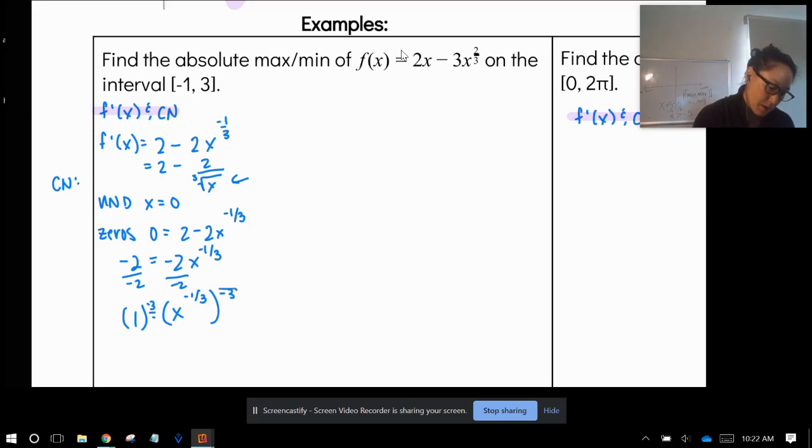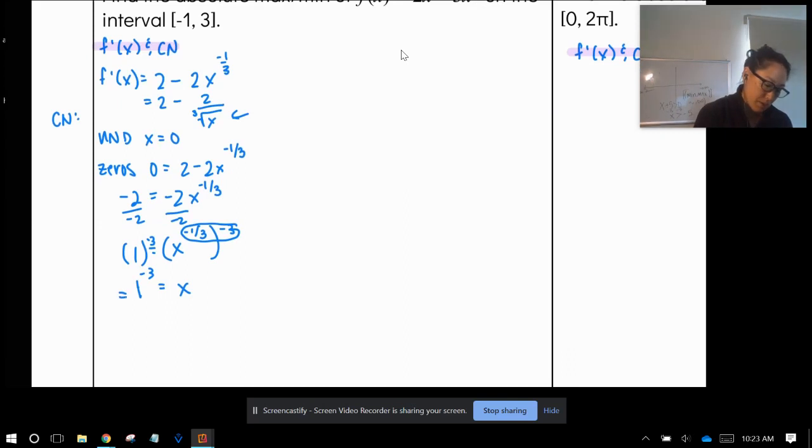So -1/3 times -3 gives me 1, so this is x to the first power equals 1 to the -3rd power, and that would equal 1 over 1 cubed, which is just 1. All right, so we have two critical numbers here, which is x is equal to 0 and x is equal to 1. So now we need to test.